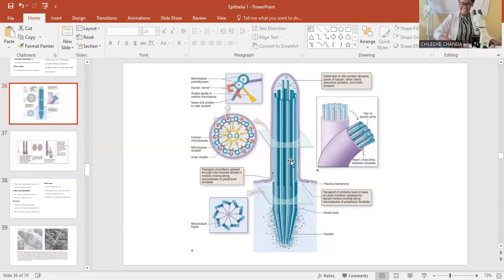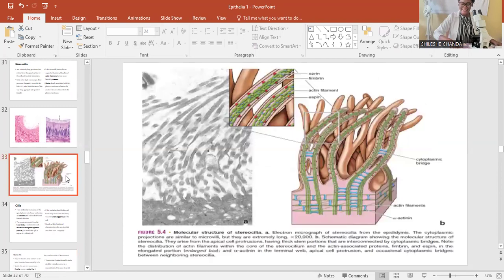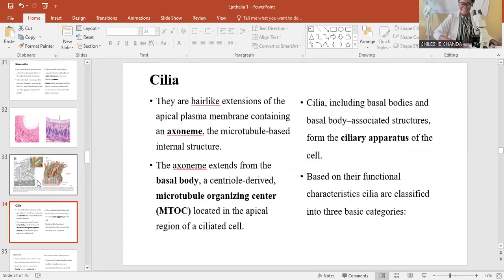And so that is how the cilia is made inside. Cilia is made the same way as flagella, like the flagella of the spermatozoa. This is how you're going to find it. That is what you're going to see once you look at the cilia from inside.